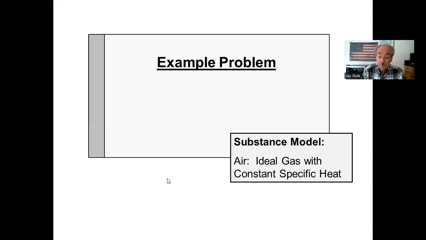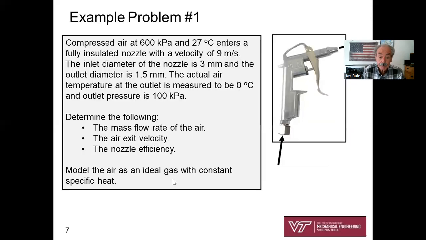So here's our example problem. We're going to have compressed air. And for this type of fairly typical industrial application, we're going to model our ideal gas as having constant specific heat. Okay, so here's our problem.